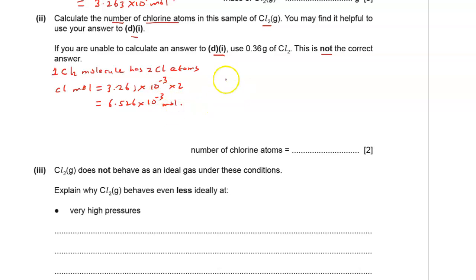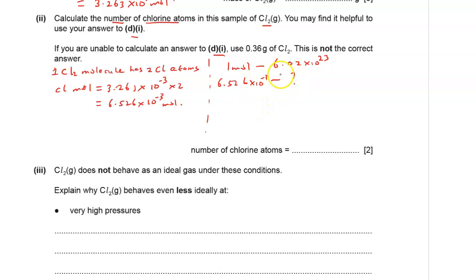moles. Now, we know that 1 mole has got this number of particles, 6.02 times 10 raised to power 23 particles, Avogadro's constant. And therefore this number here, 6.526 times 10 raised to power minus 3 moles, will be how many particles?